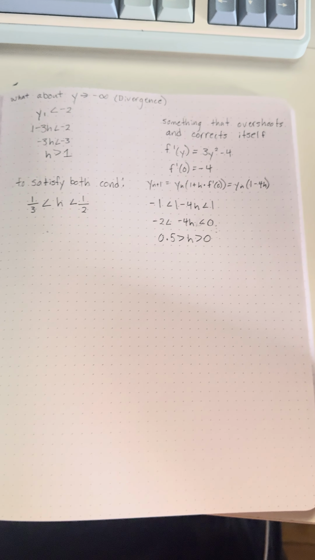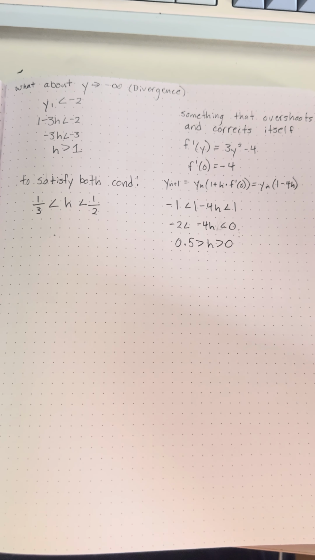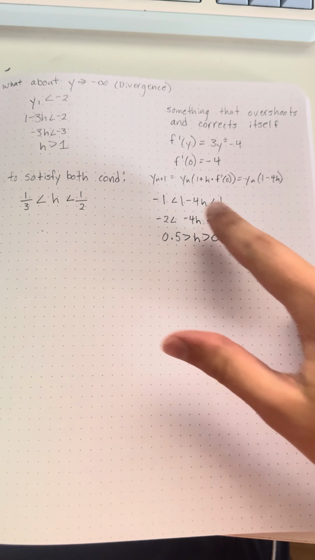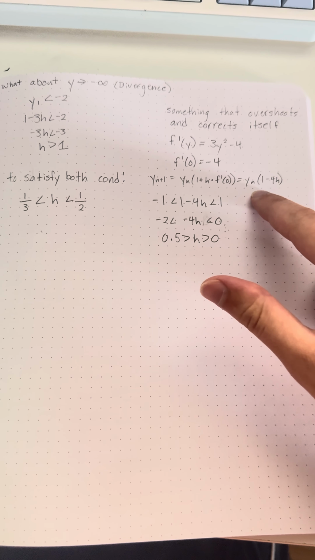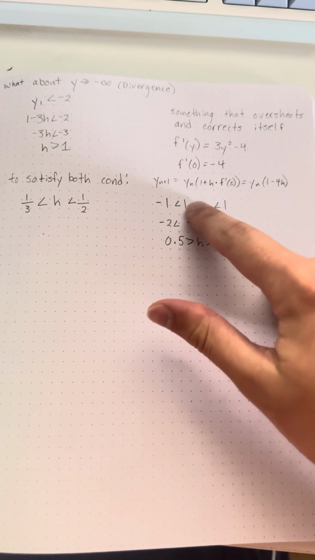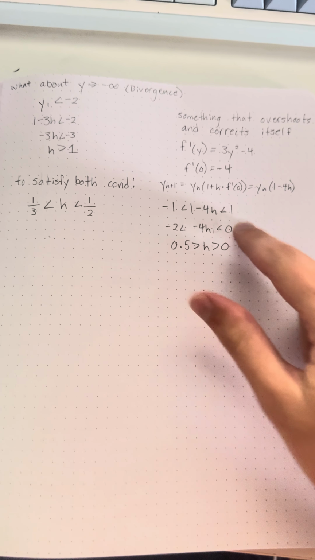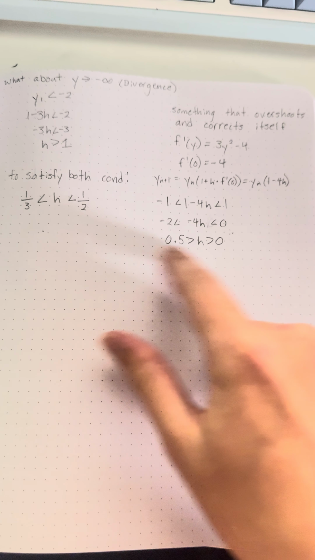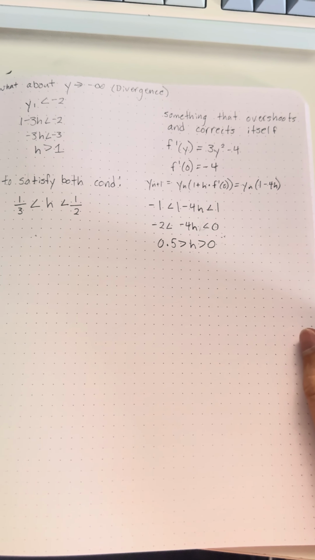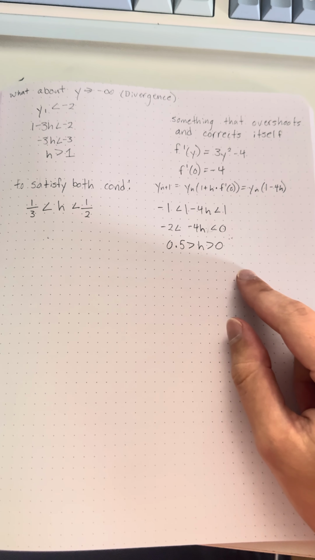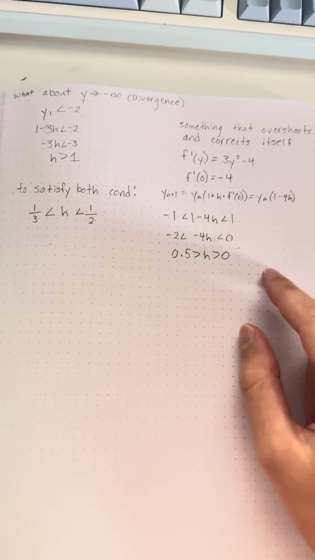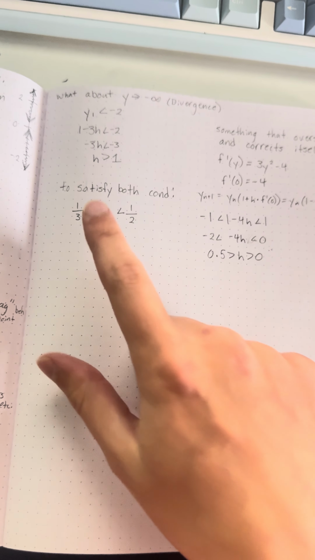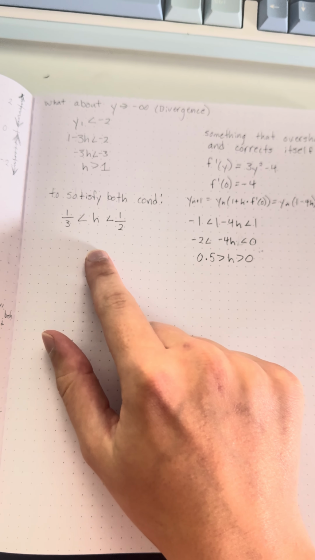So what I did again is just put in Euler's method, and I figured this out. And then I put that right here, and I made it less than 1 and greater than -1 and less than 1. And then so I solved it out, and then when you divide, it switches signs. So then I got this. And then to satisfy both conditions of when it overshoots and corrects itself, it actually has to be this.